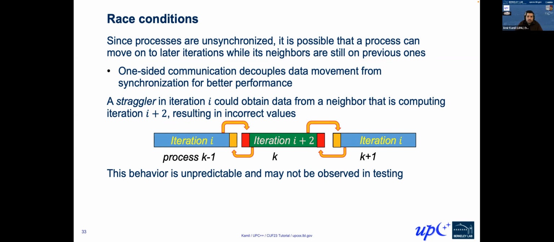This is something we need to be very careful of when doing one-sided communication. Because again, one-sided communication decouples communication or data movement from the synchronization. The plus side of that is that we don't pay for unnecessary synchronization. The trade-off is that if we need synchronization, we have to ask for it.